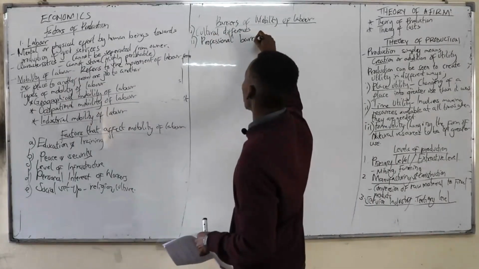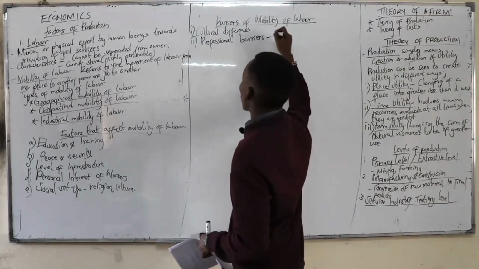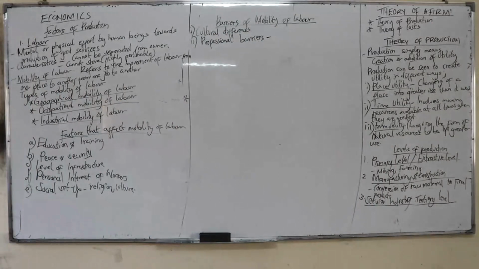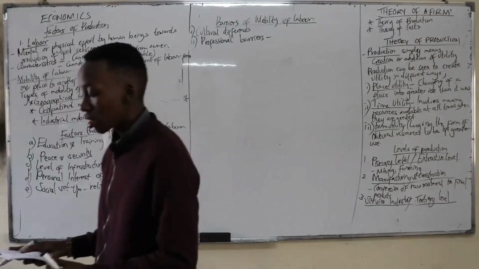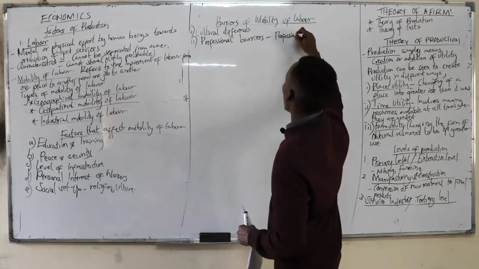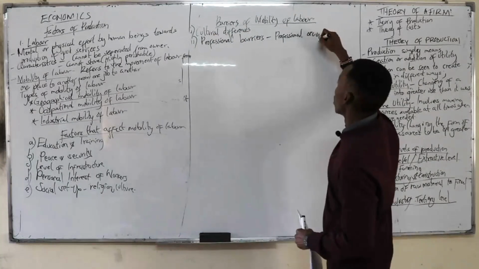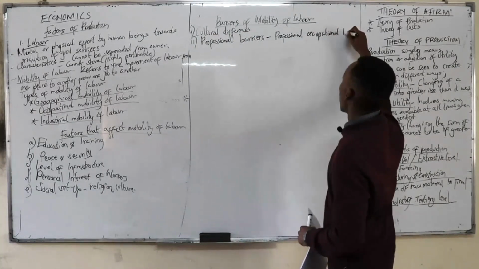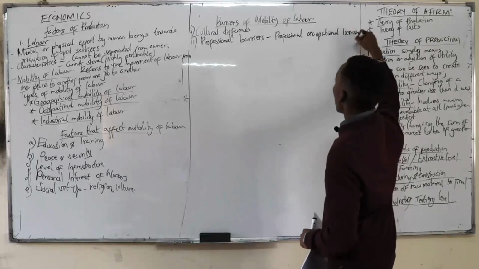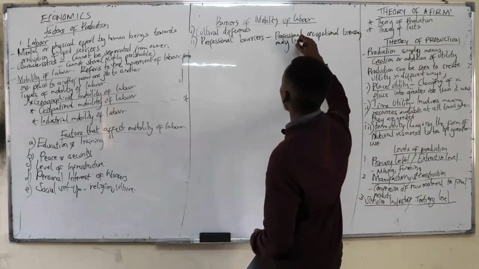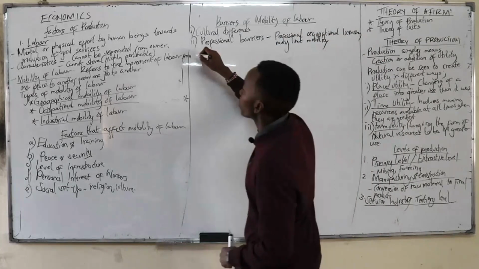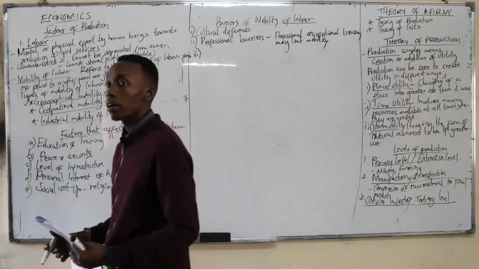For example, if you lack a license to practice in a different area, so in this case, the professional occupational licensing may limit mobility. So this means you can only practice in certain areas, not everywhere in the world.